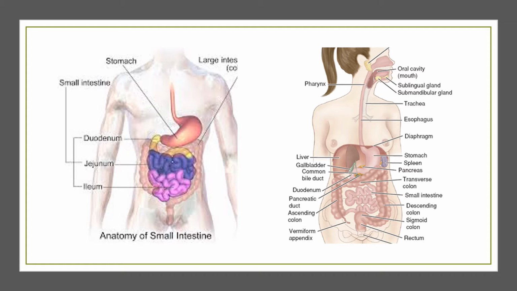Okay, they can be very confusing until we do imaging tests. Okay, and then we have the ascending colon, the transverse colon, the descending colon, the sigmoid colon, and then the rectum, and then followed by the anus. Okay.